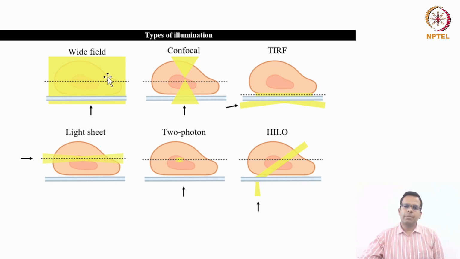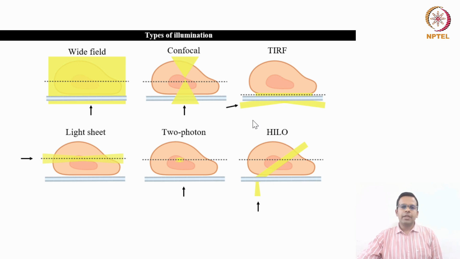But as you can see here on this slide, in the wide field illumination, the entire cell is illuminated, whereas you just image this focal plane. Whereas in confocal illumination, a cone of light illuminates the cell, and this particular point is getting observed by the objective lens. And why are these different types of illumination required?